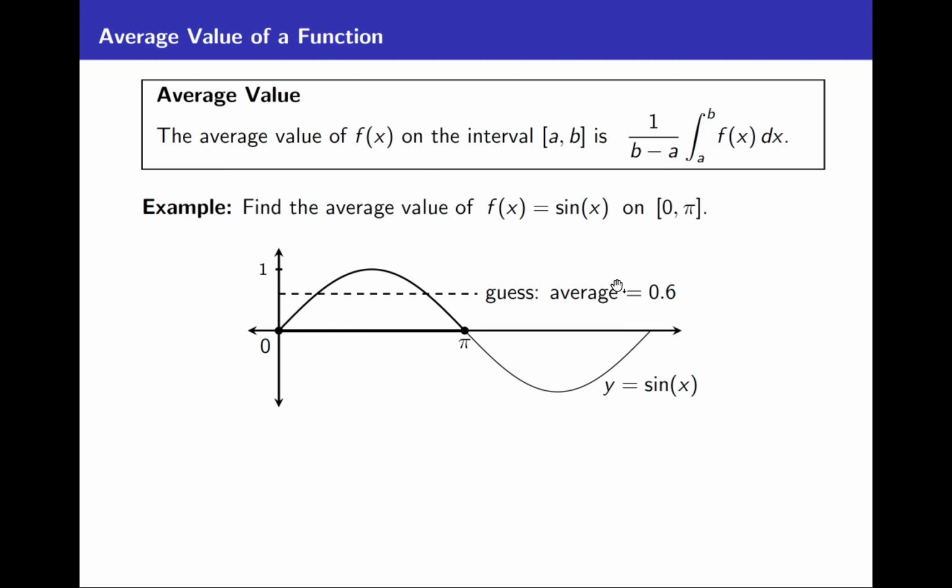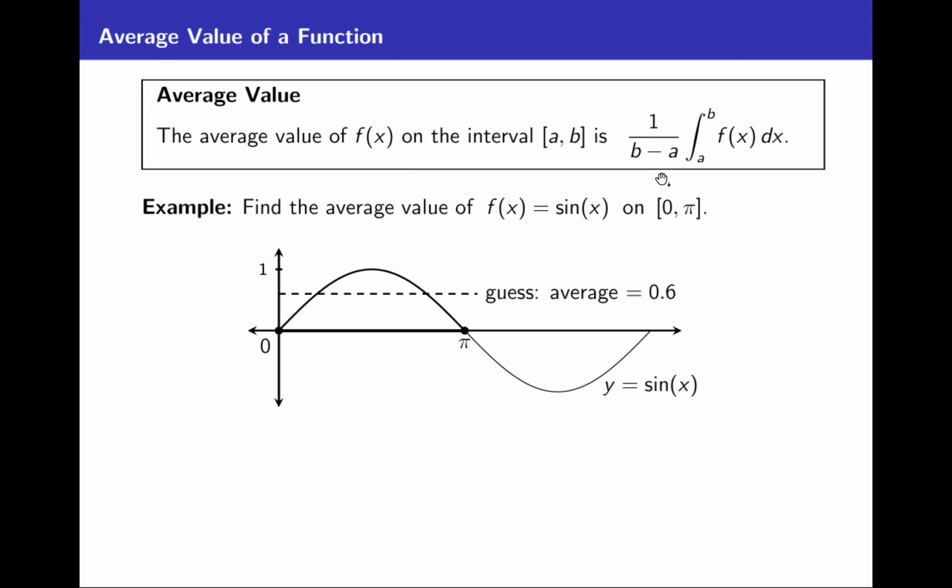I know that's kind of hazy, but you might guess that the average value of sine of x on the interval from 0 to pi might be somewhere around 0.5, 0.6. Just a guess.